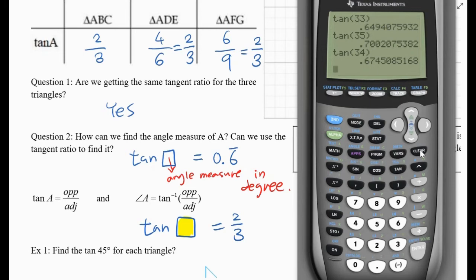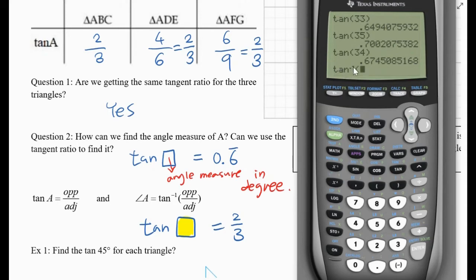To do that, I'm going to hit second. In your calculator, you may have a shift button or a second button, and I'm going to hit tangent. So now I have a different function. This is just a regular tangent function, and this is the inverse tangent function.